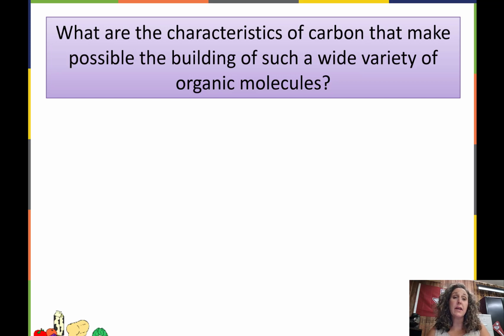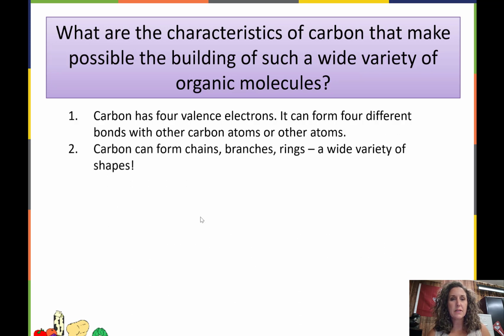So now we're going to take a look at a unique molecule, which is carbon. Carbon has a lot of unique characteristics that make it excellent for forming very complex molecules. Carbon has 4 valence electrons, which means it can form 4 different bonds with either other carbon atoms or any other atom.